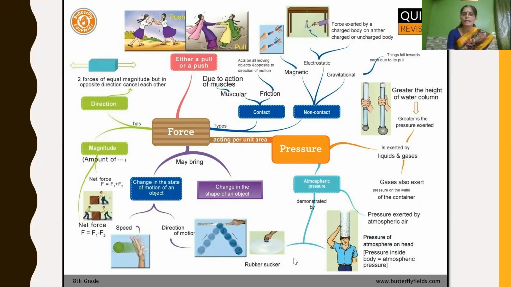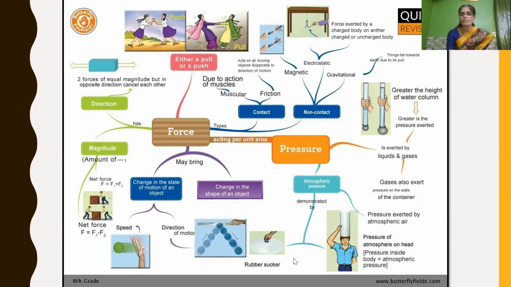Force has both magnitude and direction. The quantity of force is explained by magnitude. So force has both magnitude and direction. Keep this in mind.